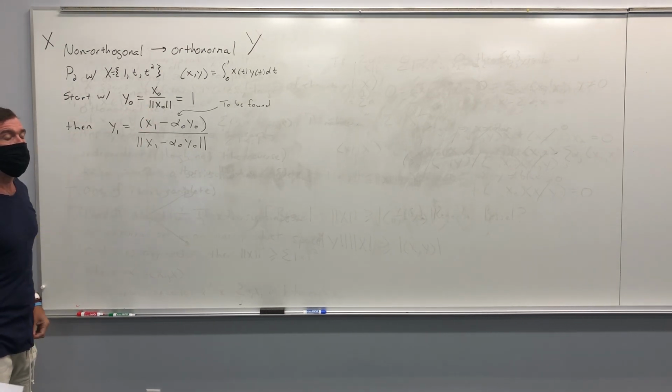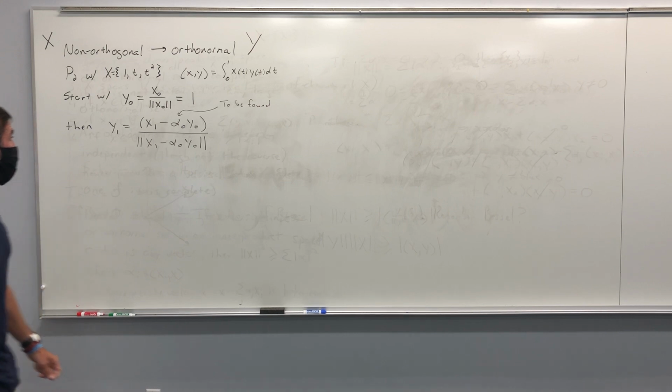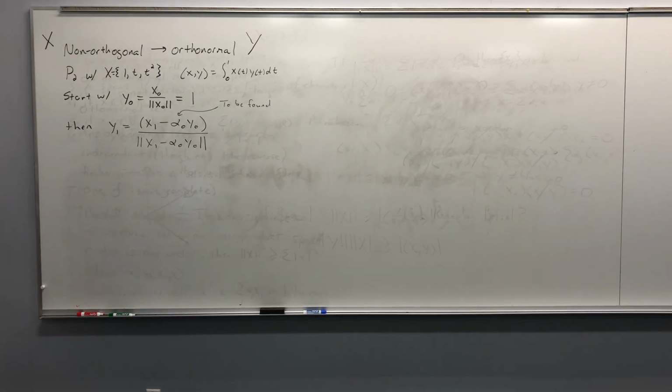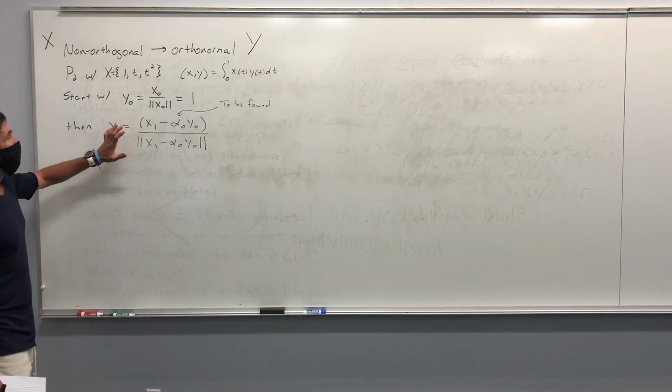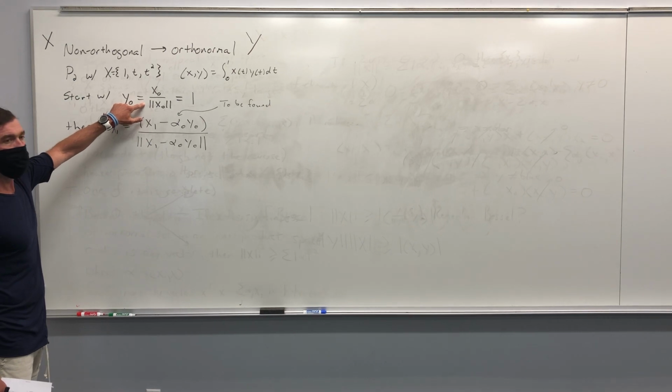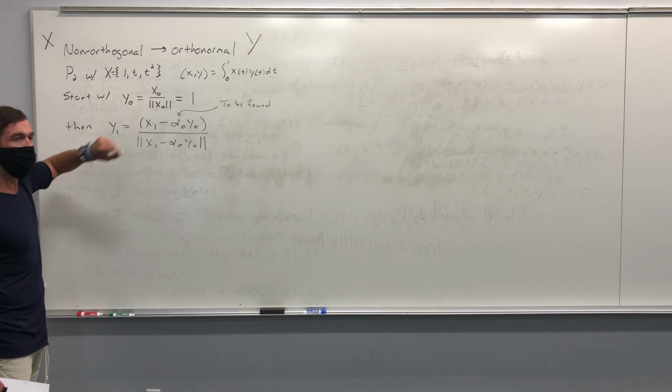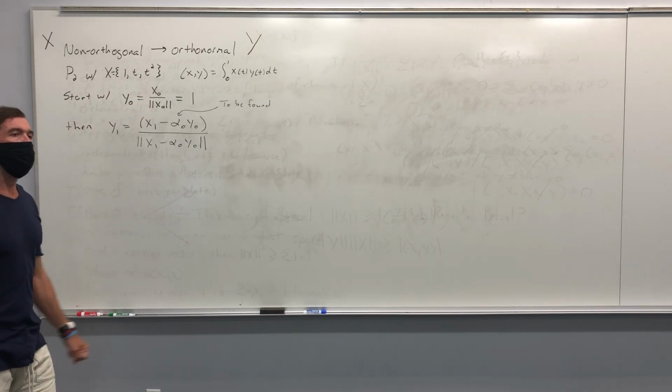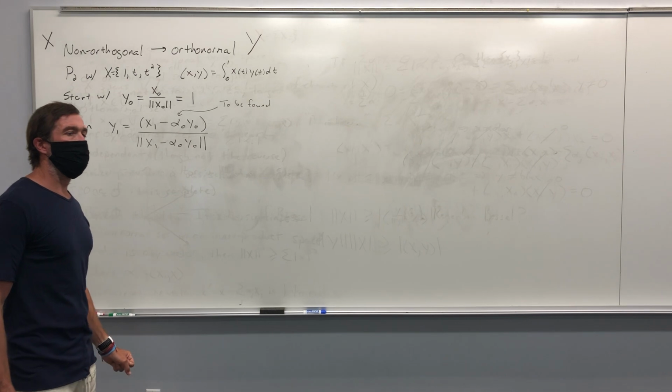Should that be like x naught over the magnitude of x? Here, yes, x naught over the magnitude of x naught. Is x naught like the number 1, like the first element of x?